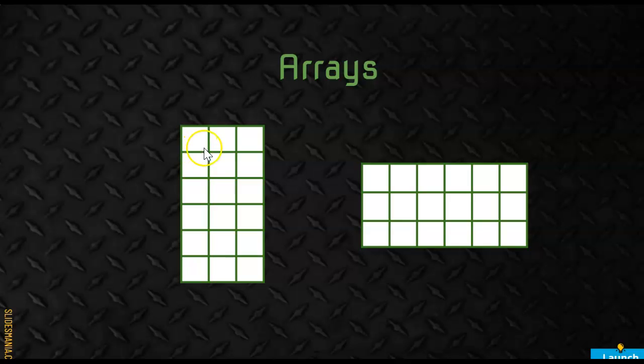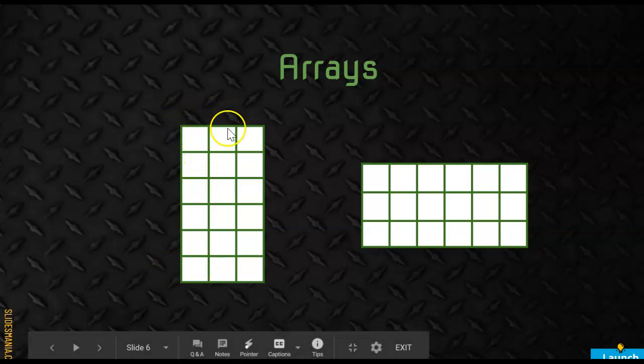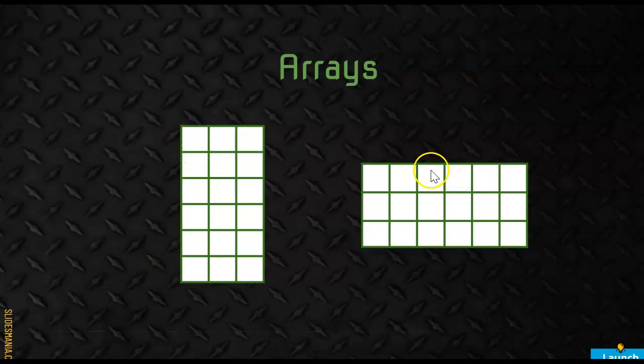Here you've got 6 rows, 1, 2, 3, 4, 5, 6, and 3 columns. Over here you've got 3 rows and 6 columns. But again, you have the same value for both of those.